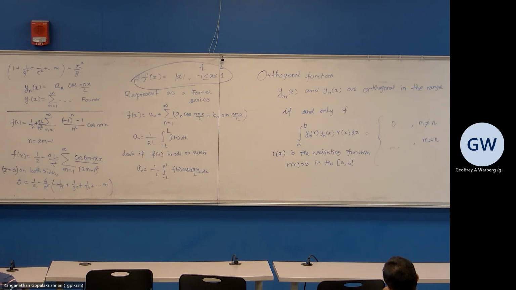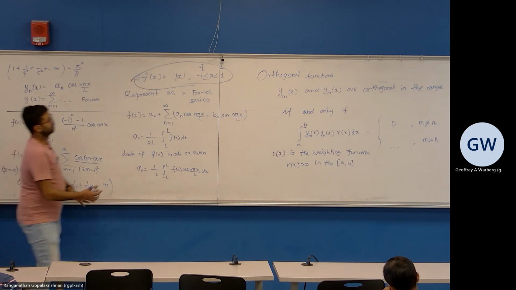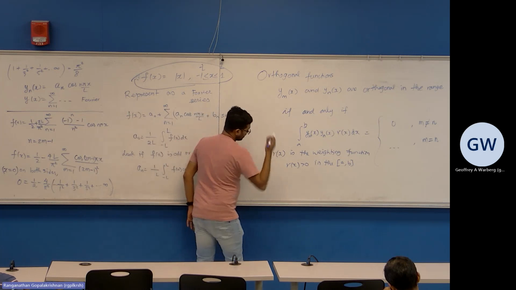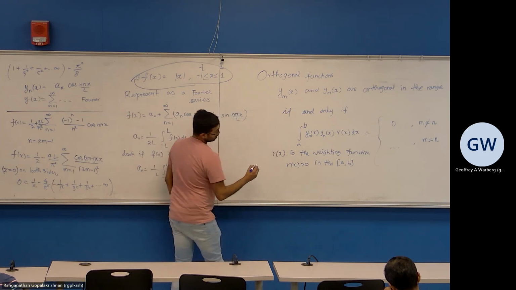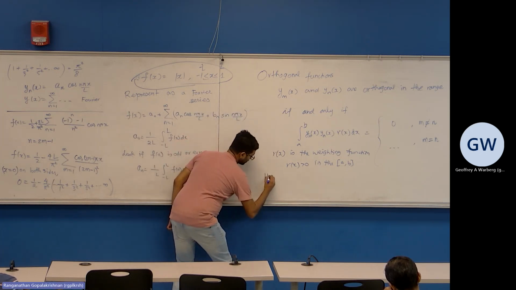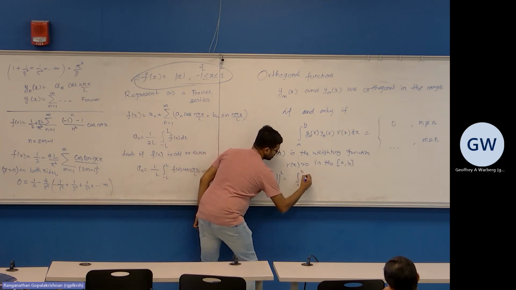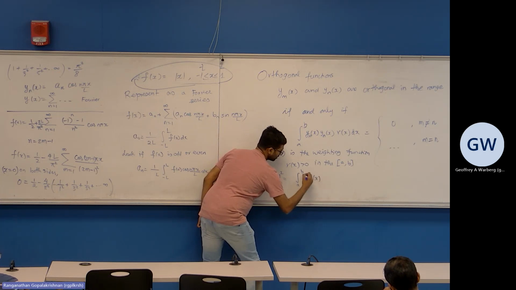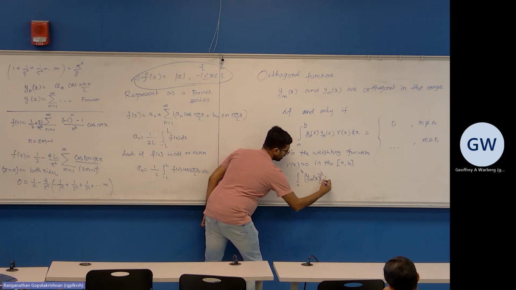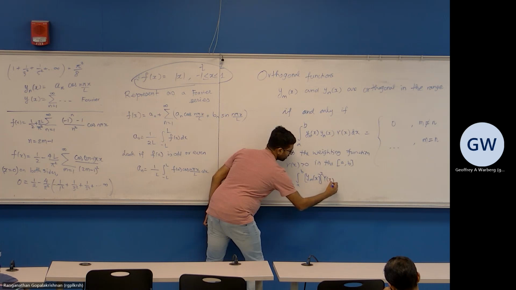And also I should define the norm. The norm of ym of x squared is equal to the integral from a to b of ym of x squared r of x dx.